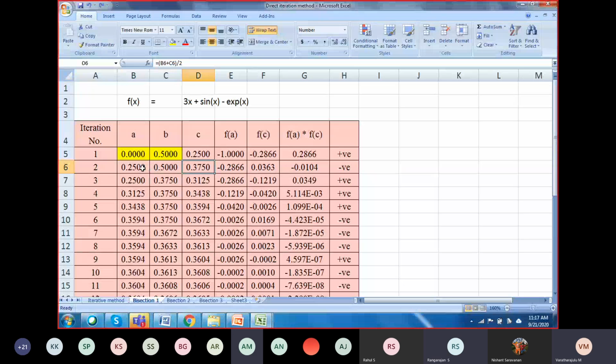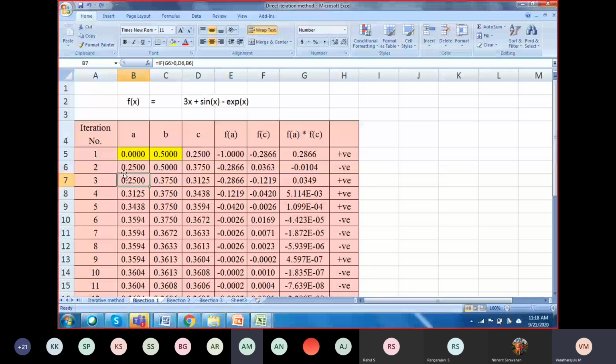Based on A and the new C, we calculate f of A and f of C. The cross product of these two returns a negative value. If it is a negative value, your B is equal to your C, and your past A becomes the new A.